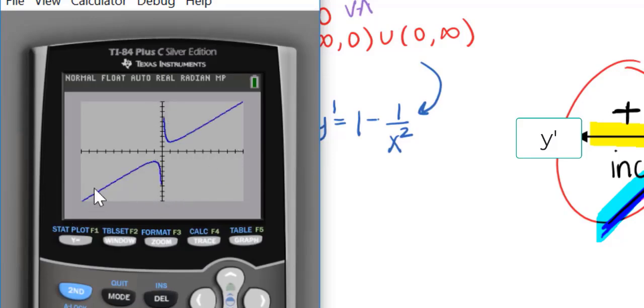And what it looks like I'm doing is increasing until I hit this relative maximum, and then I turn around and decrease. Then I jump, right, because I can see my vertical asymptote as well, and I'm decreasing until that relative minimum right there, and then increasing after.